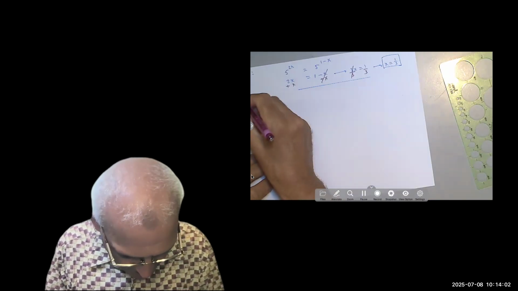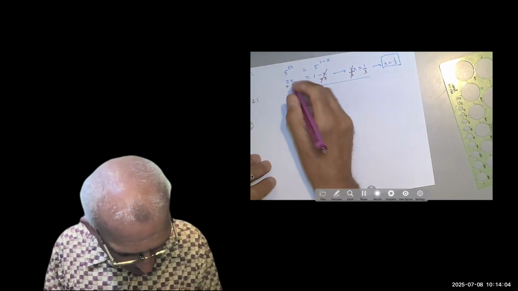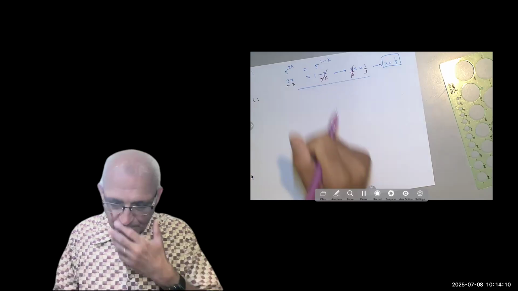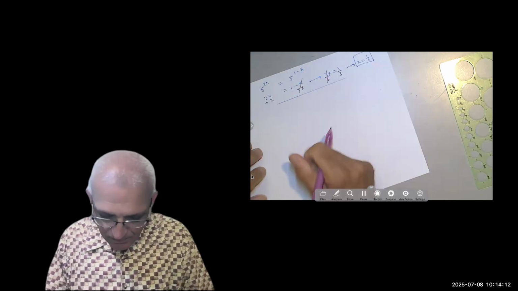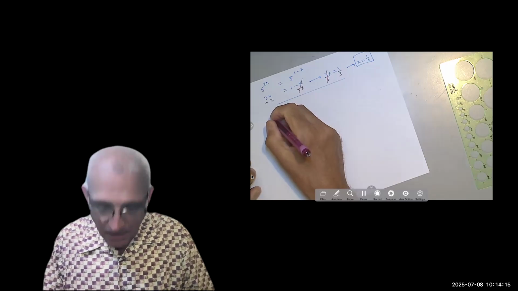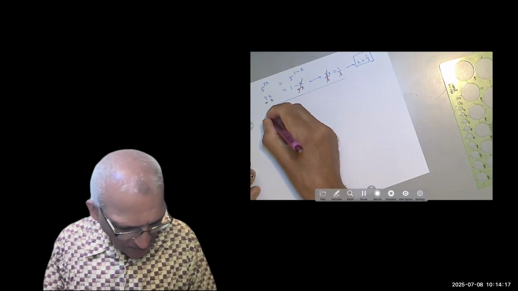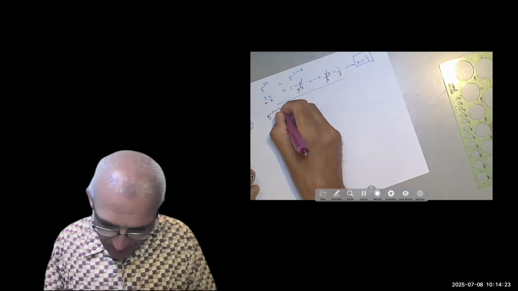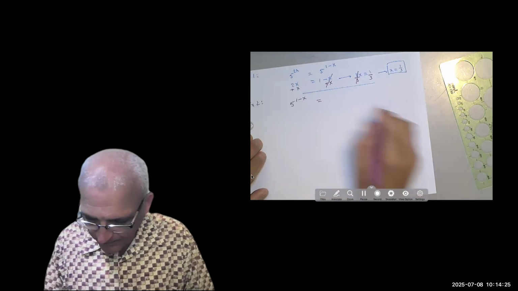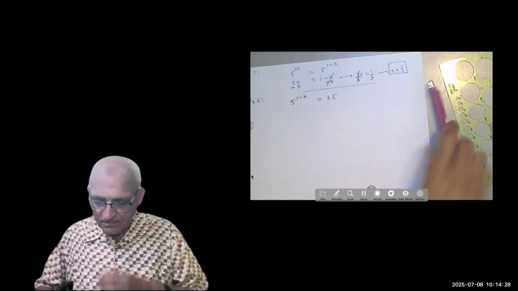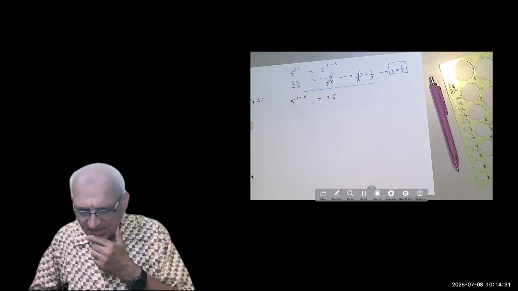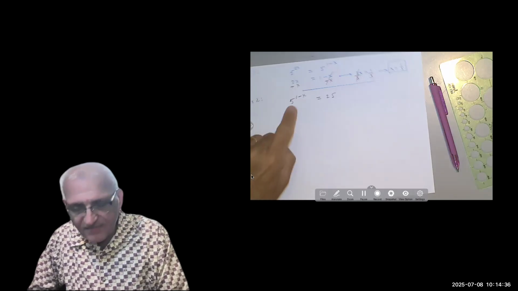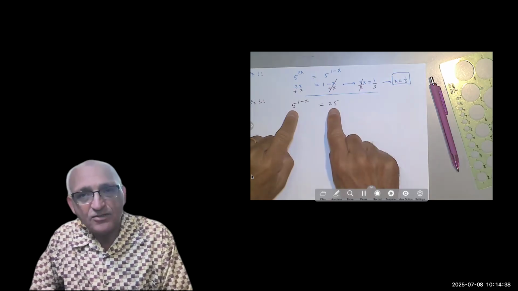Okay, let's take another example. Let's take something similar to that, equals 25. You say, oh, the left-hand side has an exponent, the right-hand side doesn't. The base here is 5. Can I make the base here to be 5?